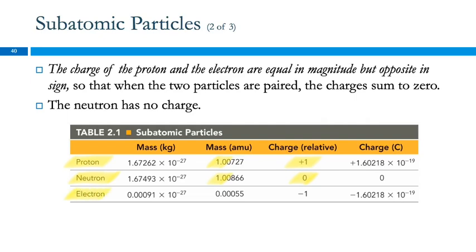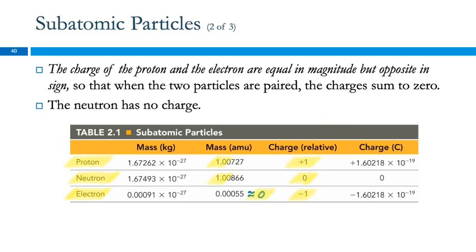The electron has a mass of approximately 0. For many purposes, we can just forget about its mass, and its charge is -1. So highlighted there, those are things you should know.